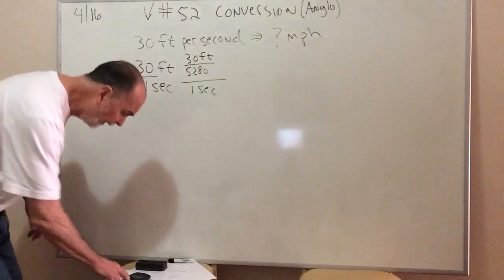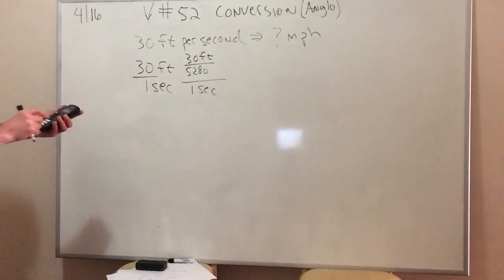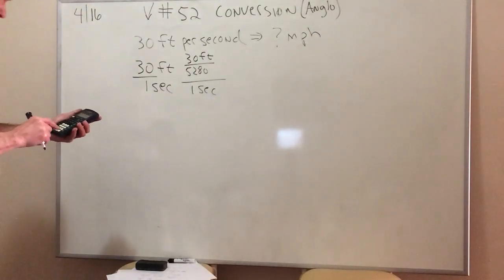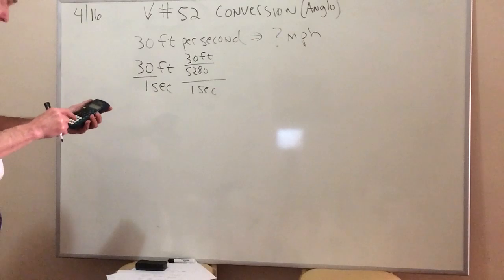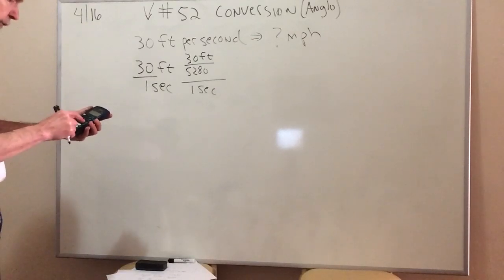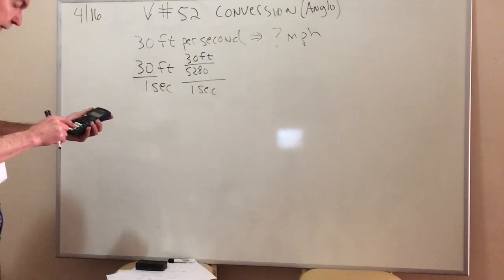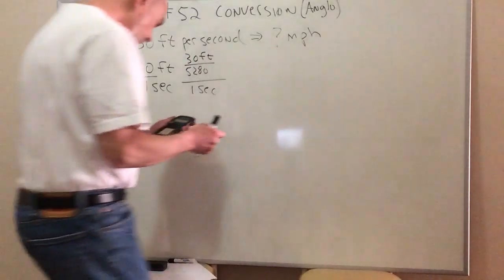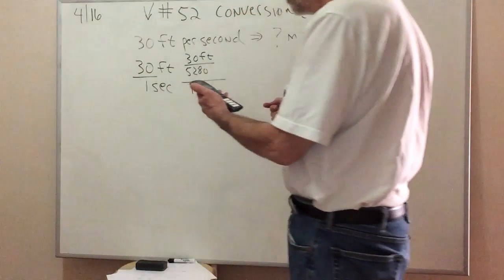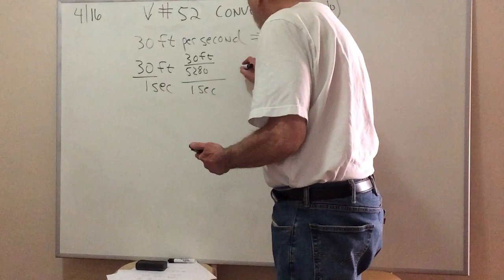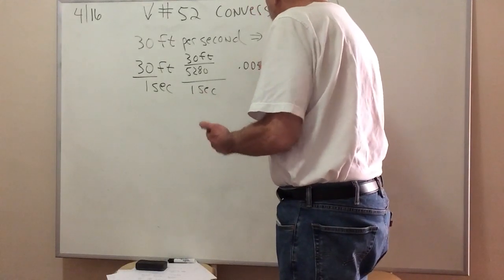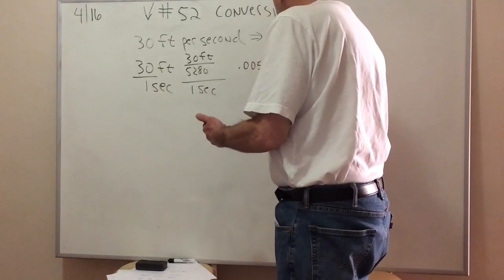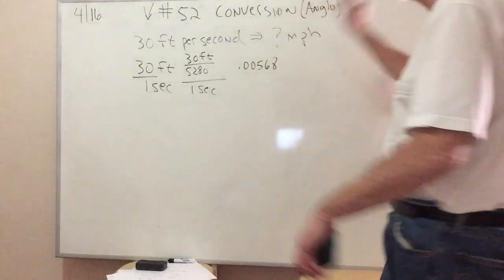And since I can't work with scientific notation, I'm forced to use a calculator. I told you there's no escaping that in this math. And I'll round a little. We're very familiar with rounding. And I come up with 0.0568.